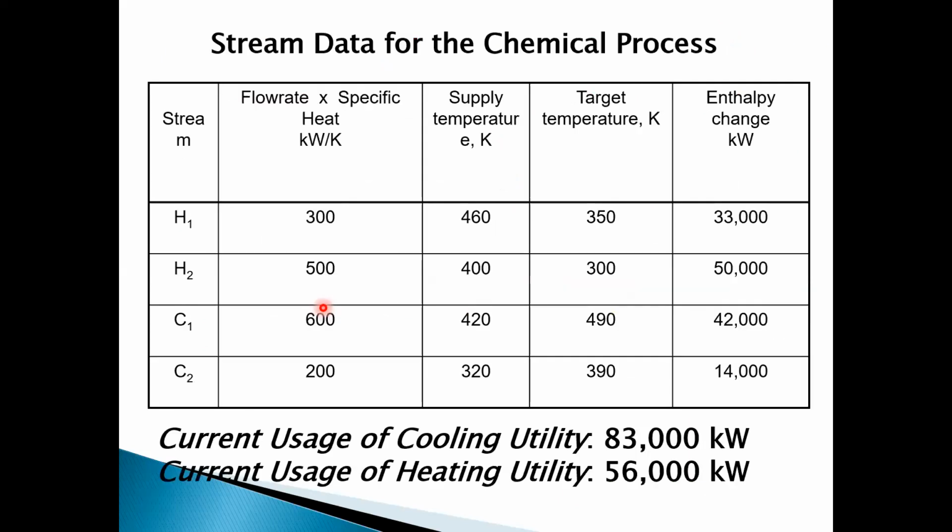Put all the streams, the cold streams and the hot streams, in here, regardless of the utilities. Don't put utilities in here. Just the hot streams, the process hot streams and cold streams, tabulate them.